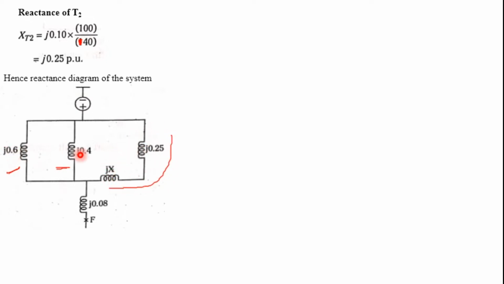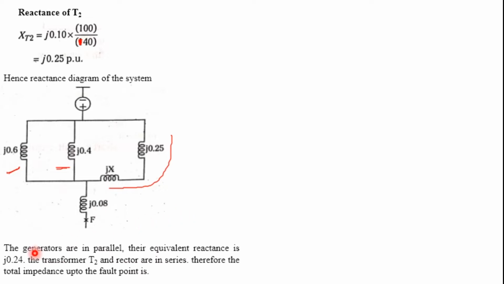So this and this are connected in parallel, you will get the value. These two are connected in series. Whatever the effective value which is coming in parallel, again it is connected in parallel to this network because there is a source of EMF at this point. We'll get a single line and the value of 0.08 is connected in series.